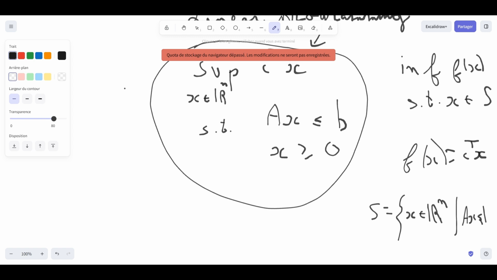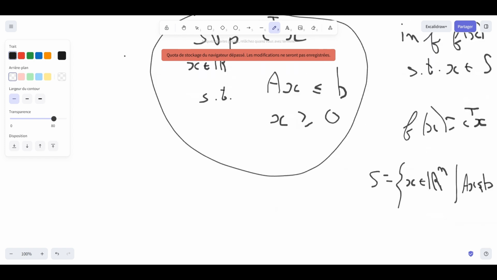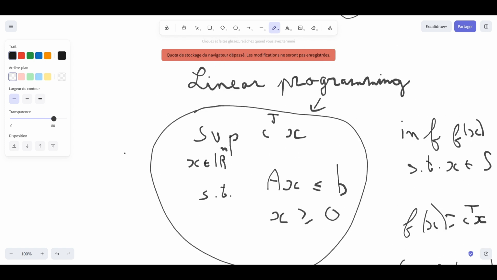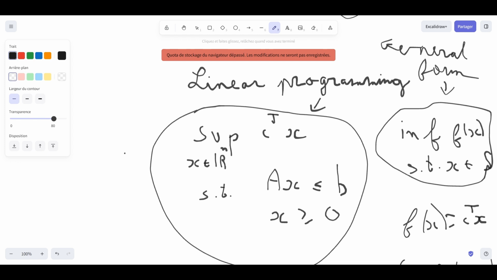So all the families we're studying respect this general form, but with some constraints on it. That's just linear programming in its general form, with those constraints.